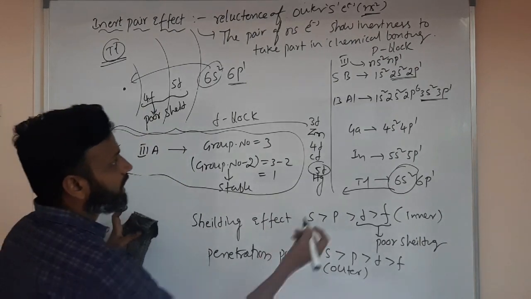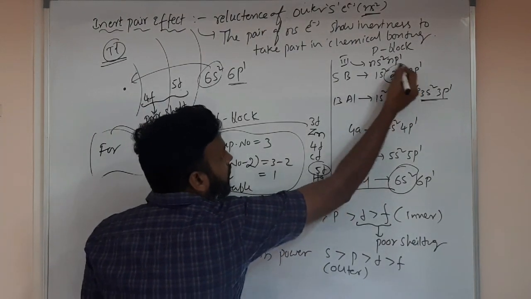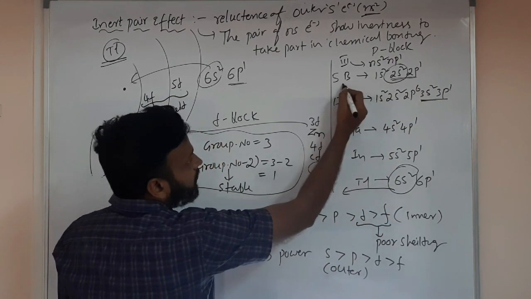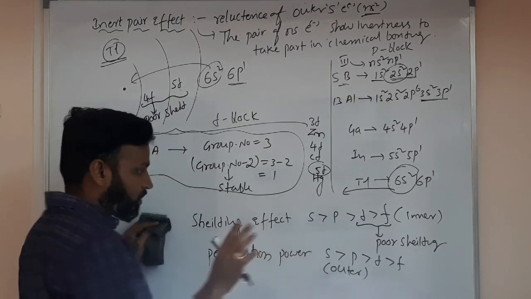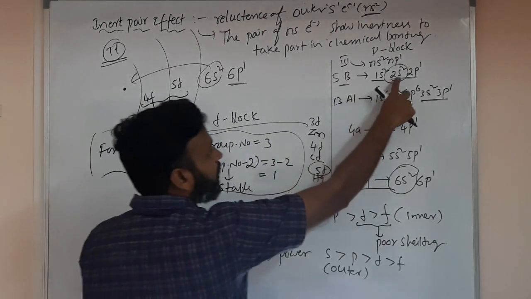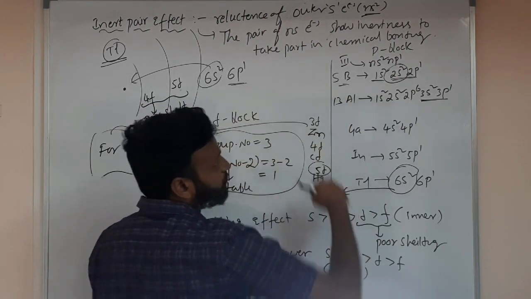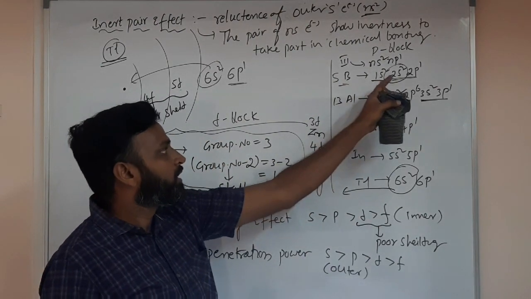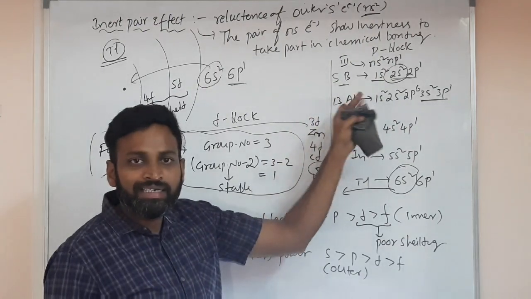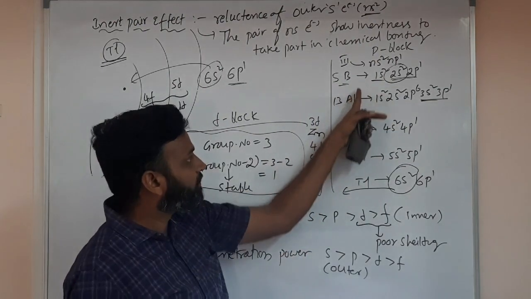Otherwise you will ask me, why not in boron? Why is there no penetration there? Because in boron, who is the inner subshell? s. The s orbital has more shielding, protecting. So the outer electron is not attracted towards the nucleus here. In boron and aluminium, the inner orbitals are not d, so the shielding effect is more.